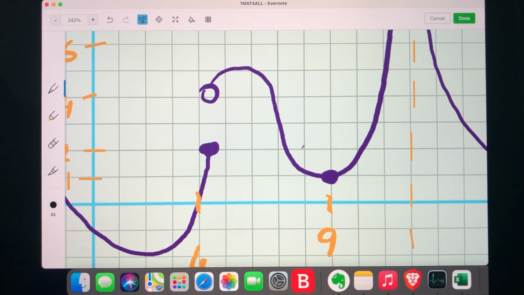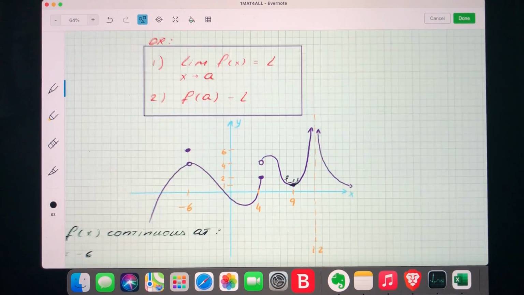So here I am, walking, and as I'm getting close to this point, the height is the same as when I'm stepping on the point, and it's the same as I keep going through it. There is no discontinuity in the height, which means the function is continuous at this point. And that's all we are trying to say with our definitions.